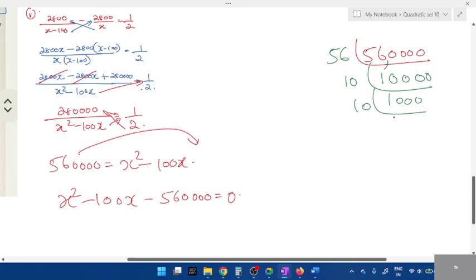If you take 10 again, you get 100. 10 into 10 and 10 into 1. So if you subtract, you should get 100, students. Which combination? Tell me, if you subtract, you should get 100. 560,000.